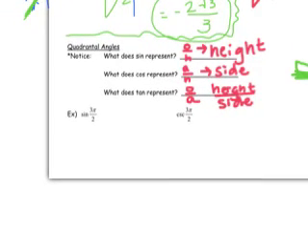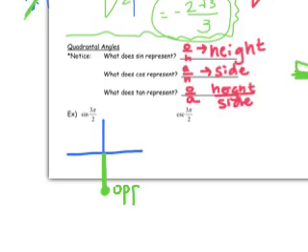Okay, so sine of 3 pi over 2, for instance. So 3 pi over 2 is, this is pi over 2, pi, 3 pi over 2. So that's right here. So you can see that your movement involves going down 1. It doesn't really matter, but you went down. So your opposite is going to be negative, and we assume that it's 1 here.